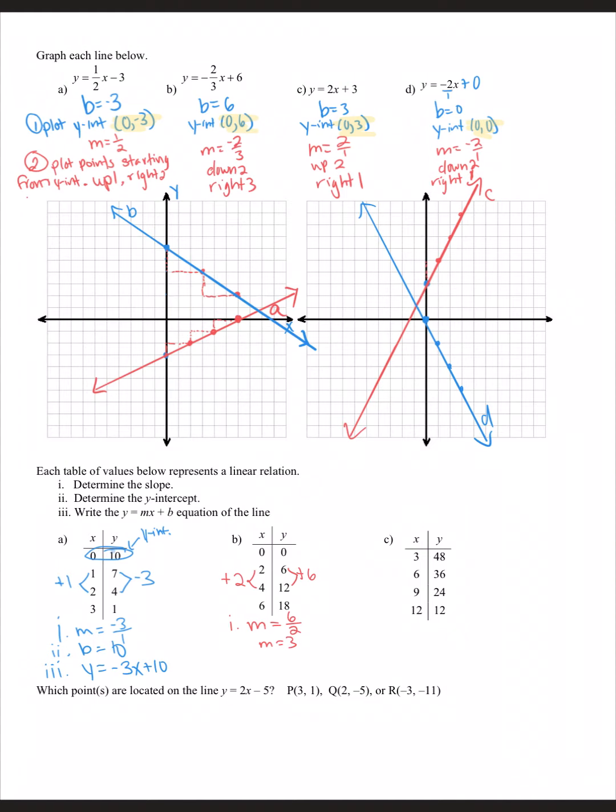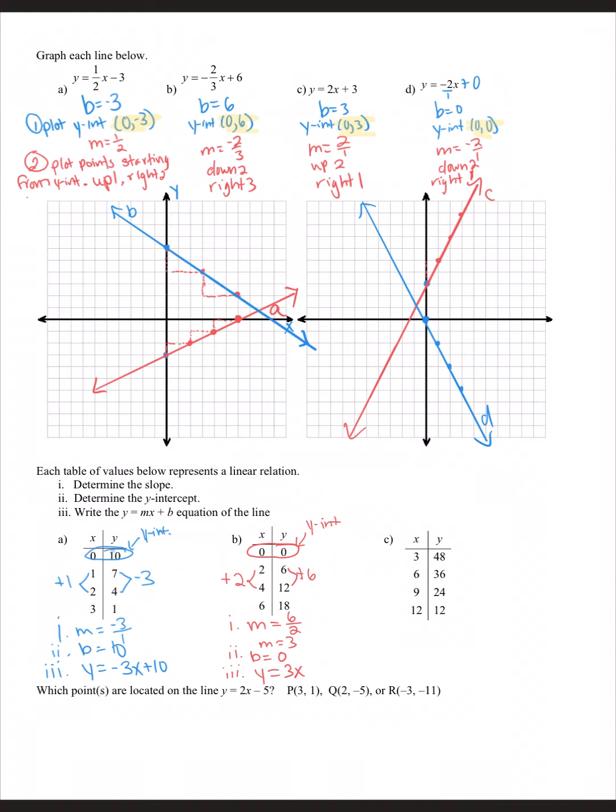All right, our y-intercept, again, is going to be wherever x equals 0. So b is equal to 0. And then our last part is to write our equation. So my m value is 3, and my b value is 0, so we don't need to add it on there, right? We know plus 0 doesn't actually need to be written mathematically.